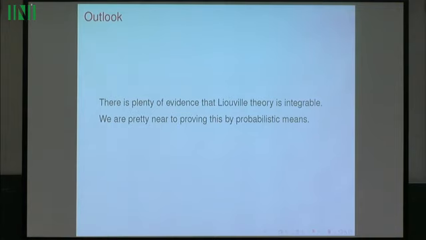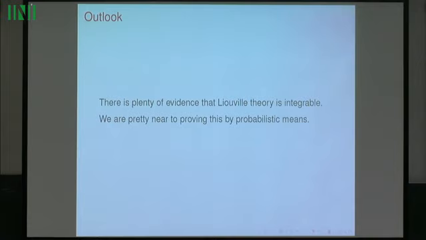Okay, so there's plenty of evidence that Liouville theory is integrable. So we have the DOZZ formula for the 3-point function, and we have some hope to be able to do the bootstrap, and doing all this with probabilistic means. Of course, you can take the Liouville theory axiomatically and just say that it has to have this structure.